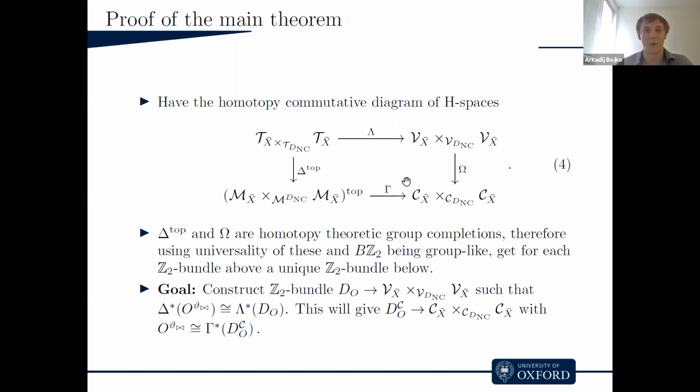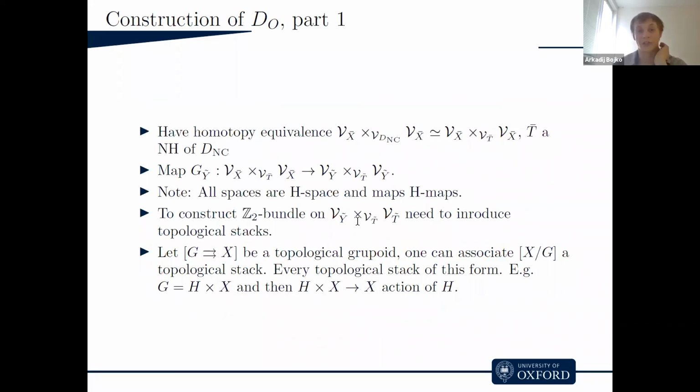And if I manage to prove that the pullback of it is isomorphic to the pullback of the orientation bundle, well, not the orientation bundle, but the bundle constructed with this extension data, then I will get the isomorphism of the Z2 bundle here on the bottom for free. So this is the idea. And now I would like to talk about the construction of the Z2 bundle DO. So for this, what I do first, I will explain it actually on a picture.